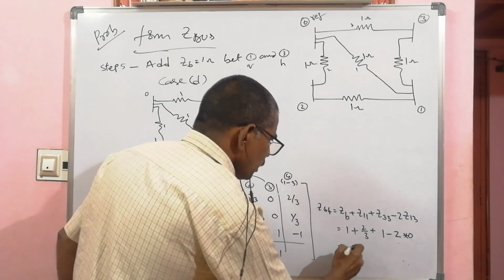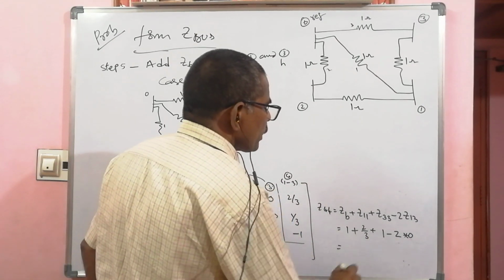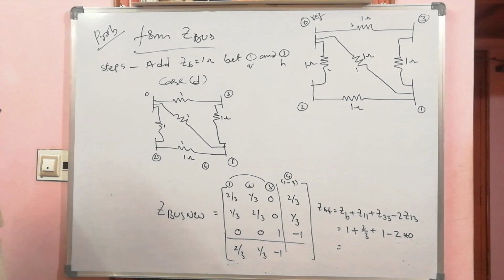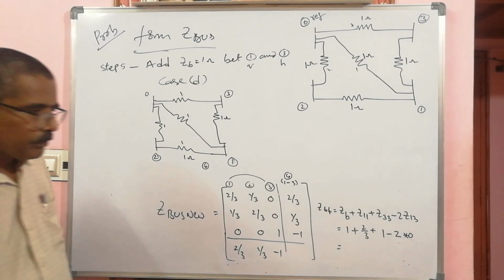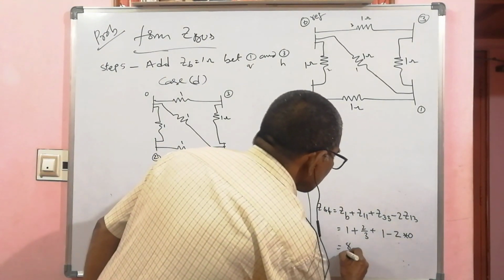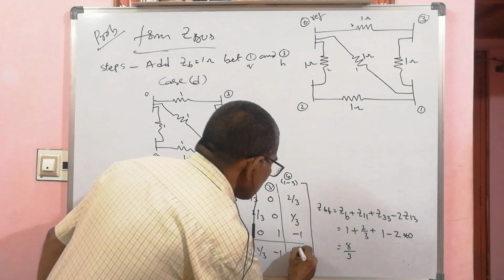So total is 1 plus 2 by 3 plus 1, 2 plus 2 by 3, okay, 8 by 3. So this is 8 by 3.